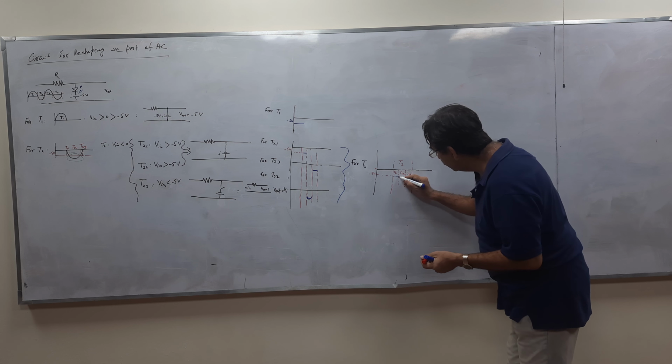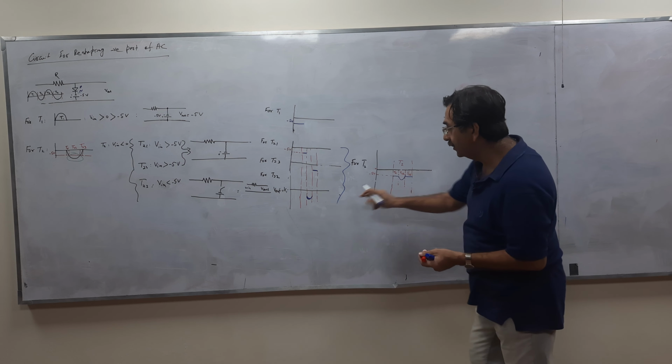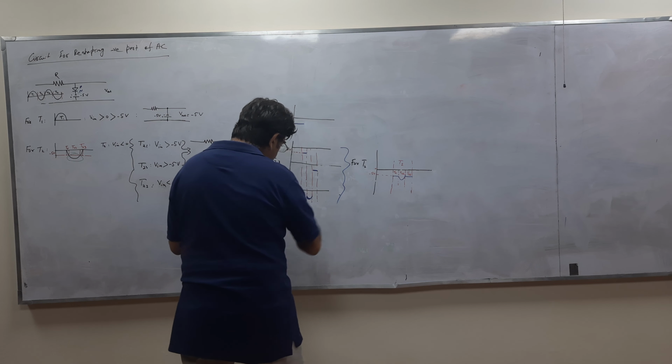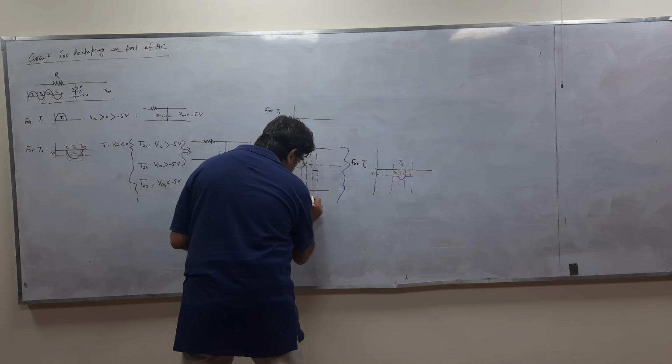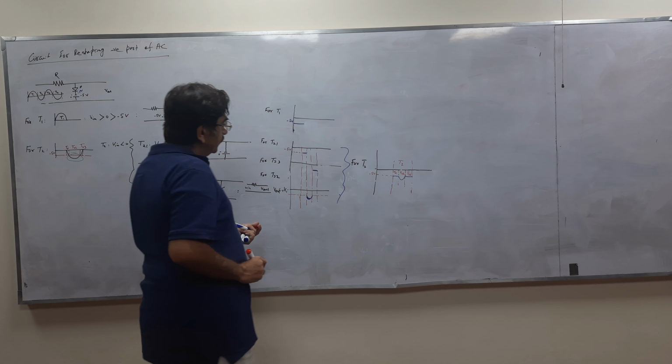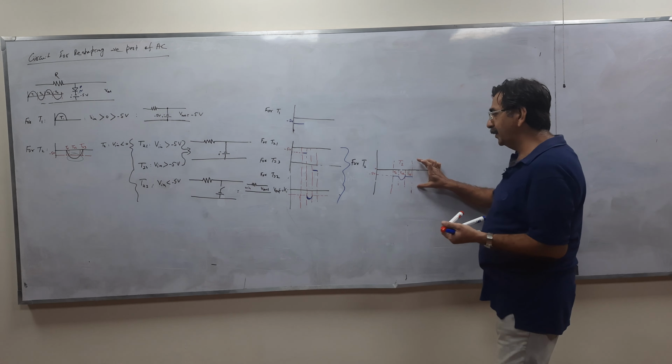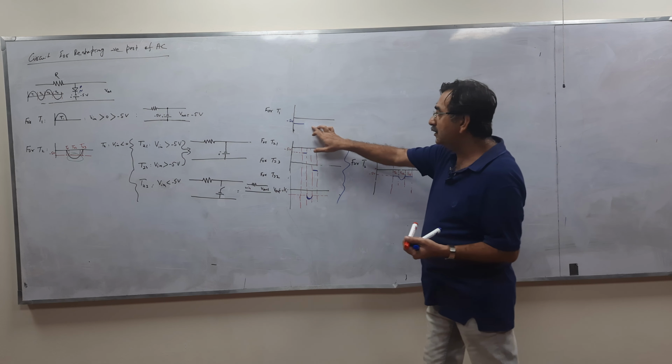And for T22, this will be like an input wave. So this will be for a complete T2, and for T1 this will be this.